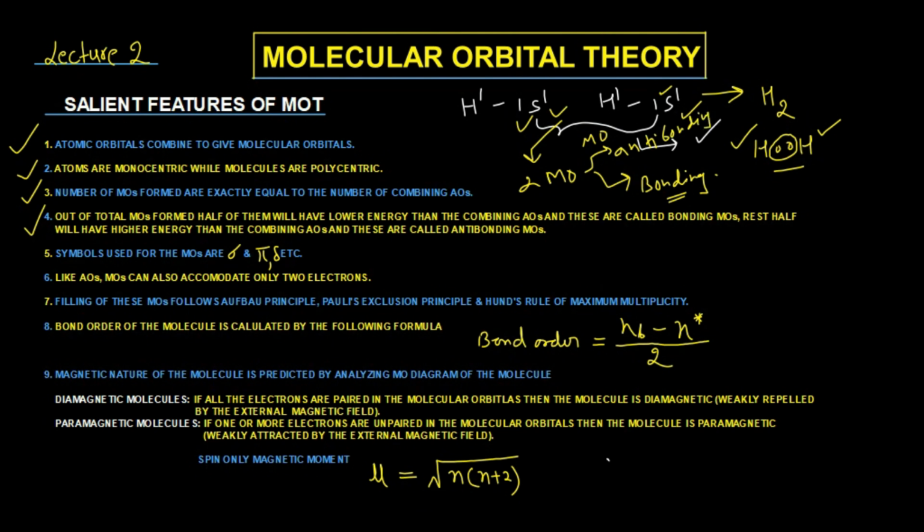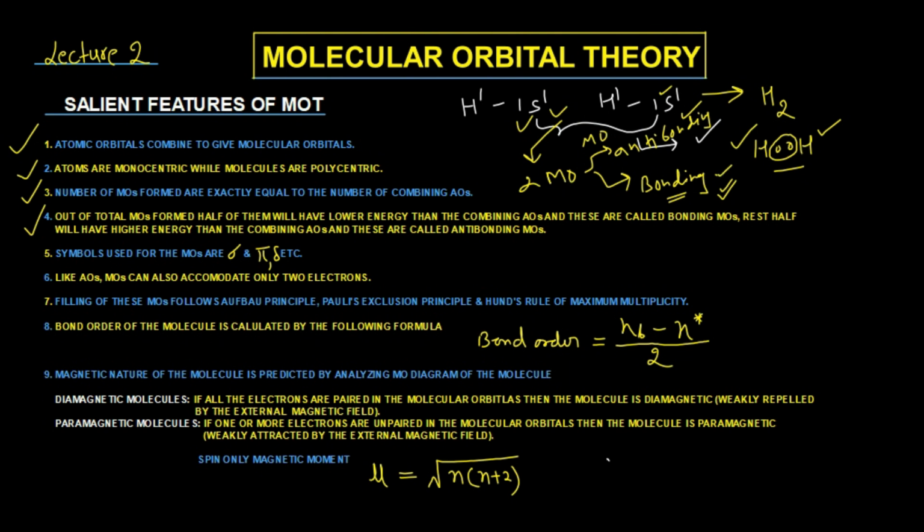Because in that case, not attractive forces exactly, but the maximum area of overlapping would be there when the two atomic orbitals combine, which gives increased attraction between the electrons and the other two nuclei. And since the attraction brings down the energy of the system, this lower energy orbital is called the bonding molecular orbital.